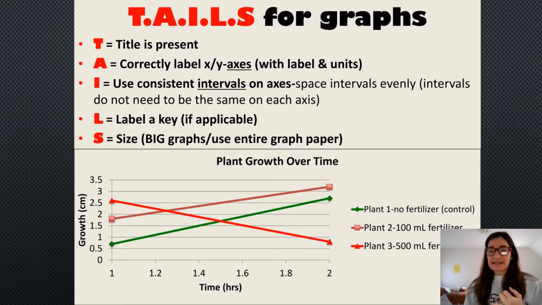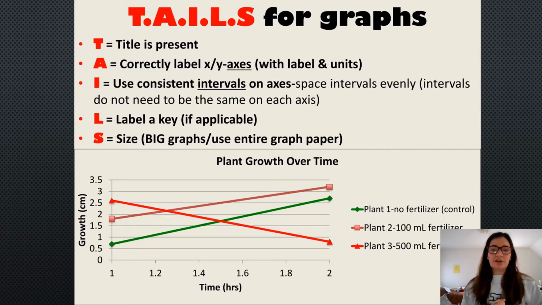A is for axes. You need to make sure that you have correct labeling of your axes, that you always include what units are being used. For example, in this one, across the x-axis, we're measuring time, and in this case, time is being measured in hours. So those are both represented. I use consistent intervals.